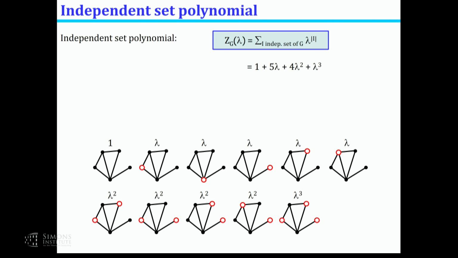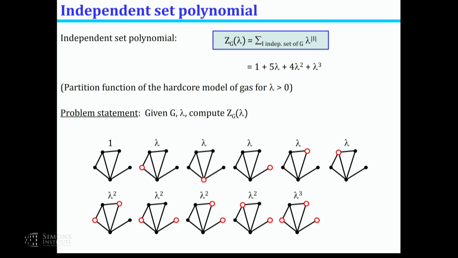And I worked it out, and I think this is the independent set polynomial for my little toy graph that I'm showing you. And as Jan mentioned, this is related to the partition function of the hardcore model of gas from statistical physics. I'm not going to repeat what the hardcore model is, but it's a studied quantity when we have positive real lambda, and Jan also mentioned that physicists are actually even looking at negative values.